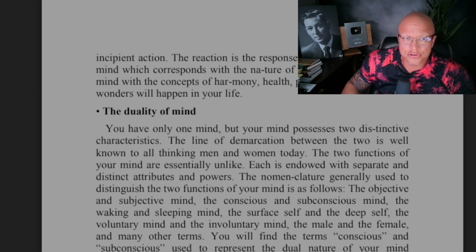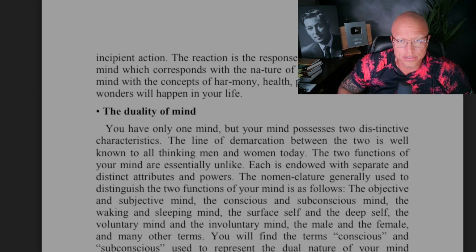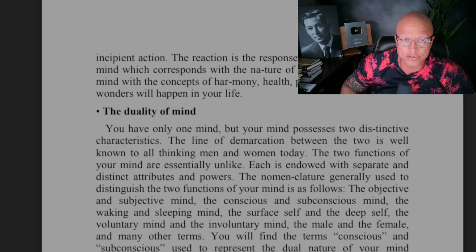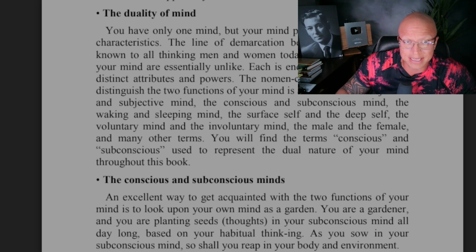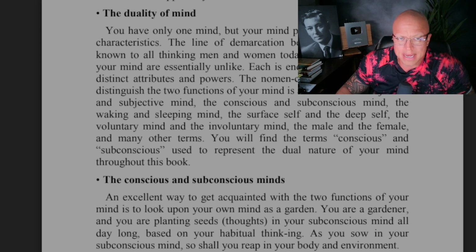The nomenclature generally used to distinguish the two functions of your mind is as follows: the objective and subjective mind, the conscious and subconscious mind, the waking and sleeping mind, the surface self and the deep self, the voluntary mind and the involuntary mind, the male and the female, and many other terms. You will find these terms, conscious and subconscious, used to represent the dual nature of your mind throughout this book.